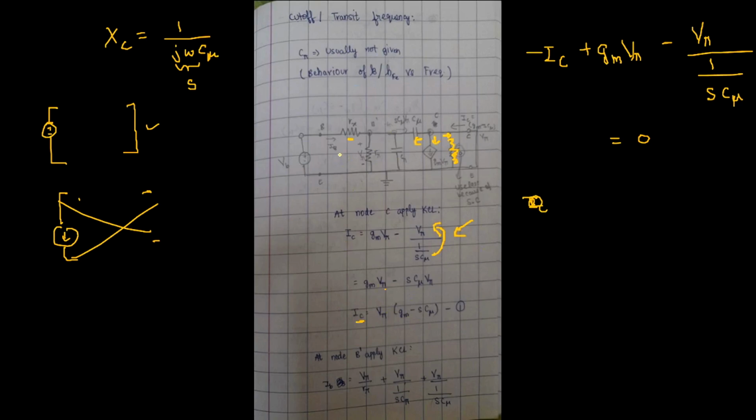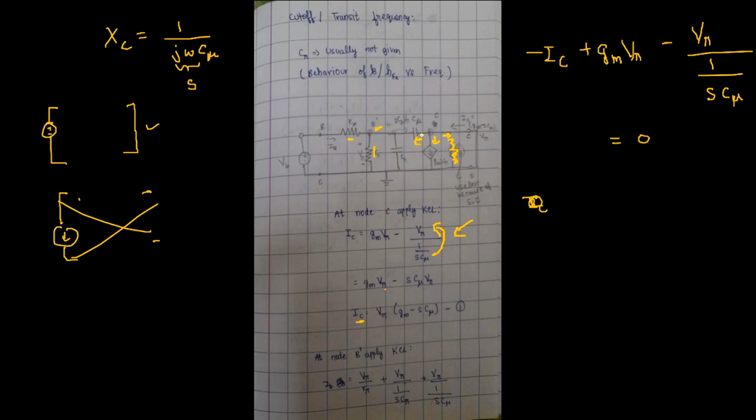Now to find the base current, we apply KCL on the other node here, which is P dash. Applying KCL here, there are currents flowing in three directions. The downward direction is V pi by R pi.